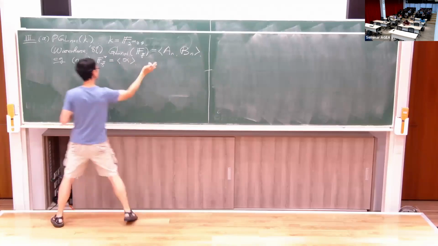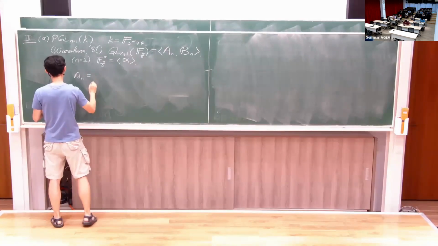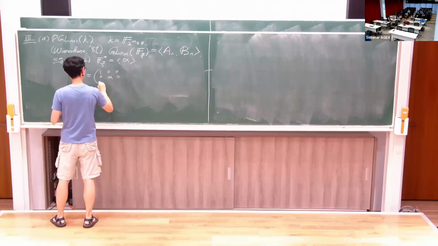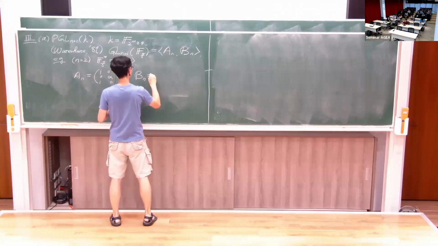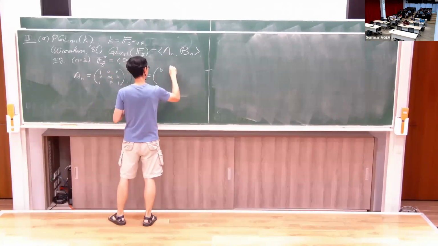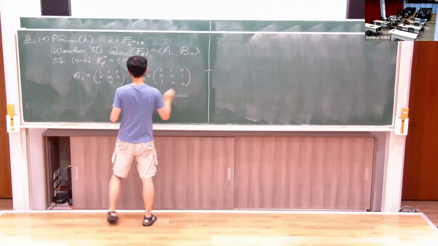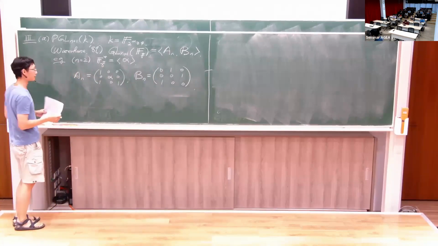In this case, we can take, for example, An to be this linear transformation, and take Bn to be this linear transformation. These two elements will produce GL over FQ.